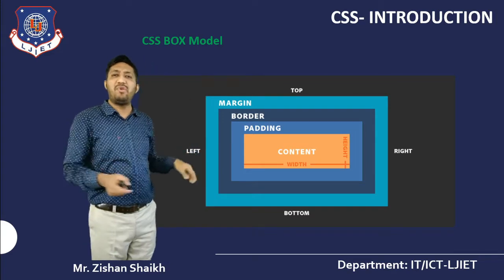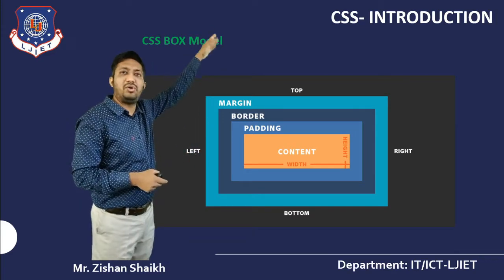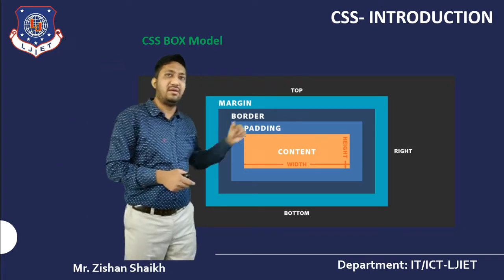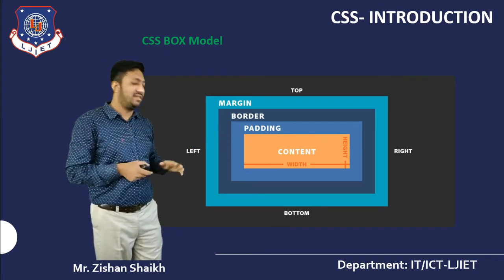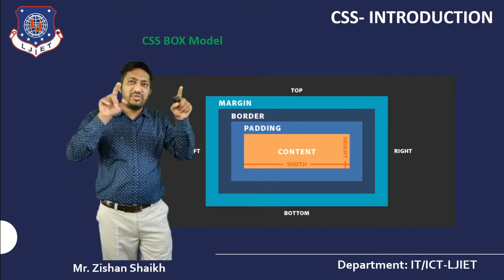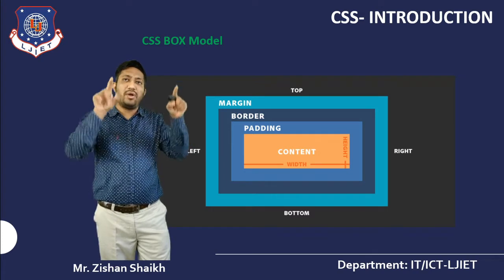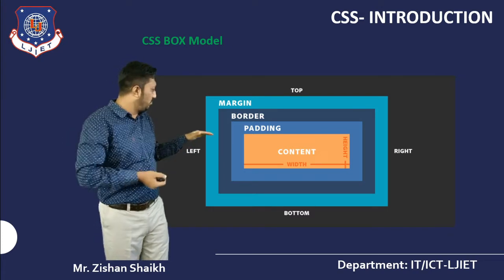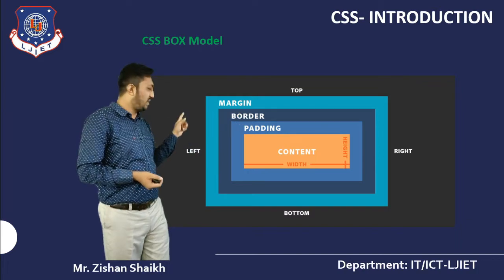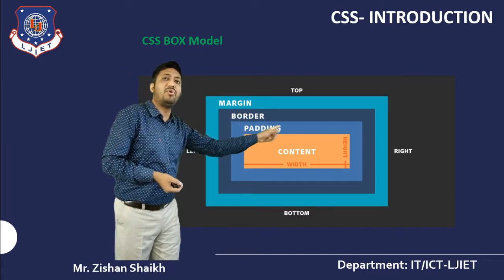Our whole screen will be divided into four sections: top, bottom, left, and right. Whatever data is there will be put in your content. Suppose I am putting one boundary, one border here. So my data is here in my container, and one border is maintained. This is the case of the border.